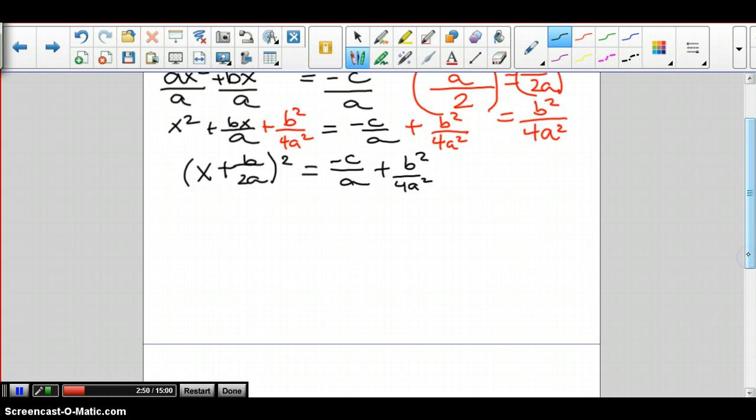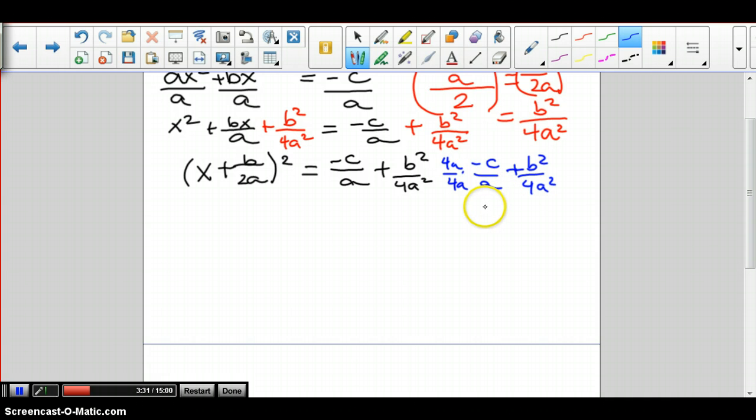This is kind of harder when there are no numbers and we're using just variables, so I want to write this expression differently. I have minus c over a plus b squared over 4a squared, so let's get a common denominator. I can multiply this negative c over a by 4a over 4a, so that now I have 4a squared in the denominator.